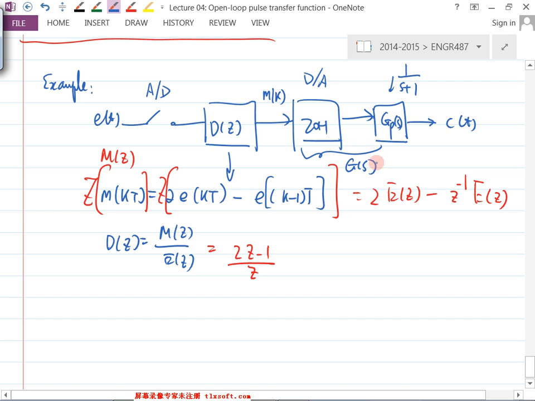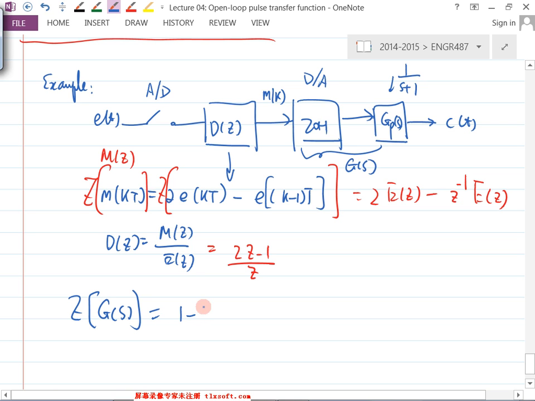I need to convert this G of S into the same symbol as the Z first. So basically you need to find the Z of this. I think we did this already in the previous example, with the zero order hold and the Y of this, making use of this formula. So what's the Z of this?